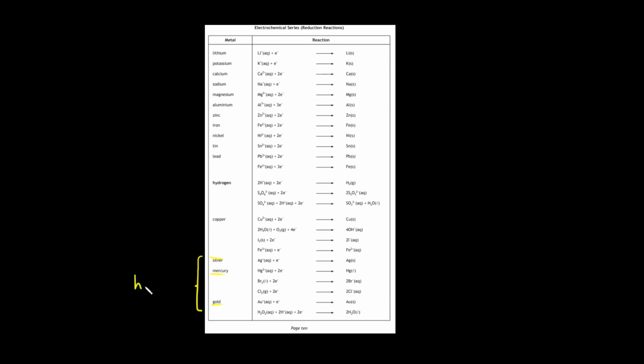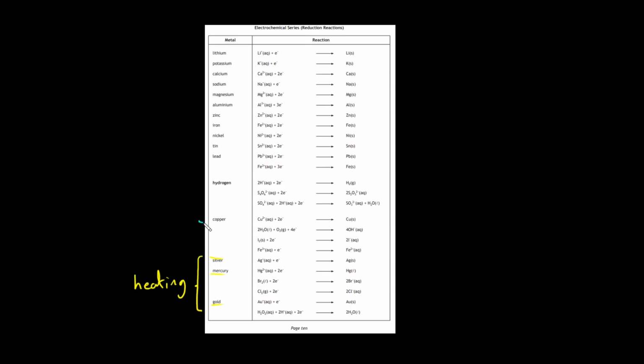And to extract these metals from their metal ore, we can just simply heat them and we'll extract them. Dead straightforward, very easy, because these are unreactive metals. Remember, this is our kind of league table, our electrochemical series. Most reactive at the top, least reactive at the bottom, and the least reactive ones are the easiest to extract. Just need to heat them.